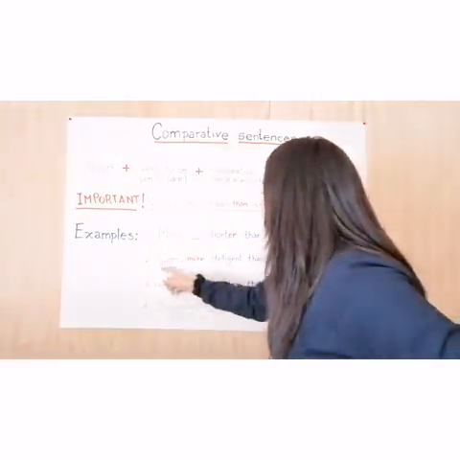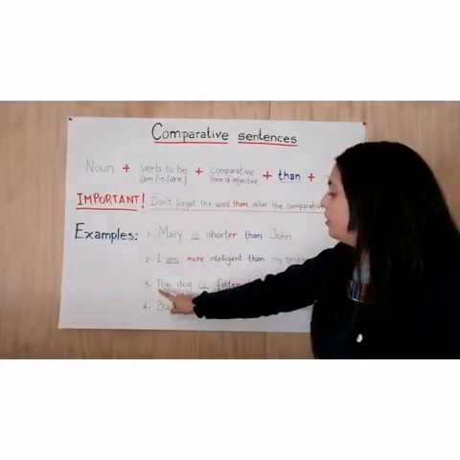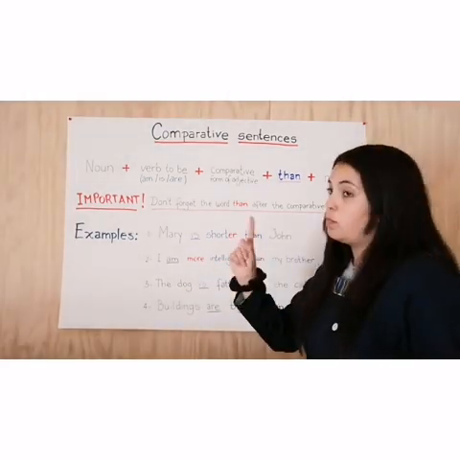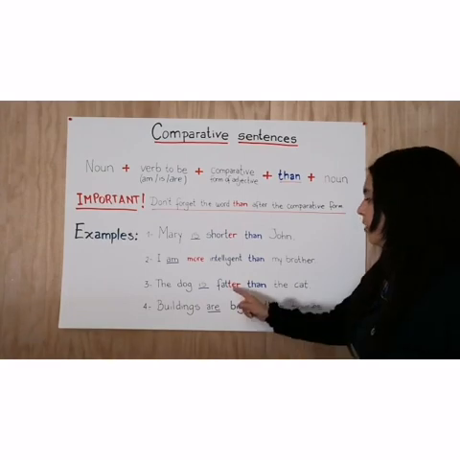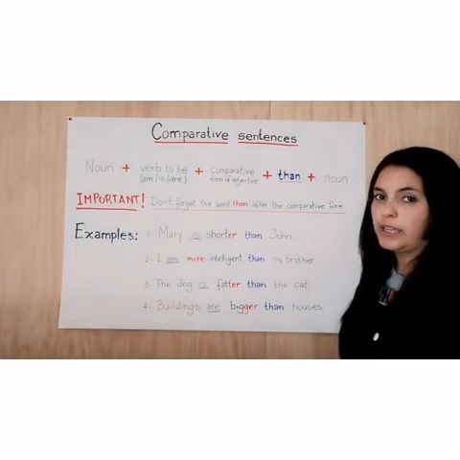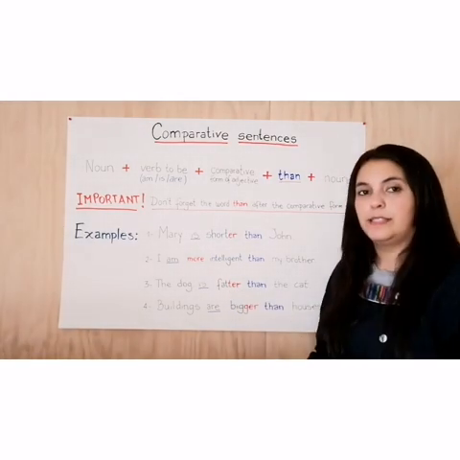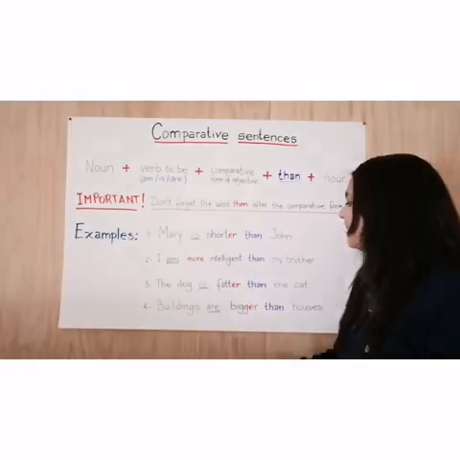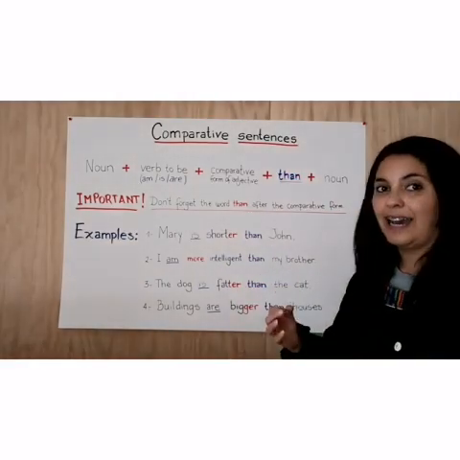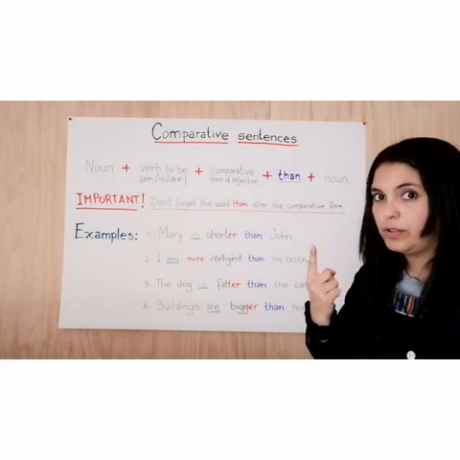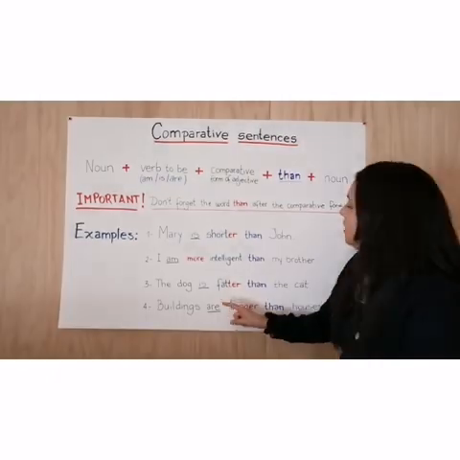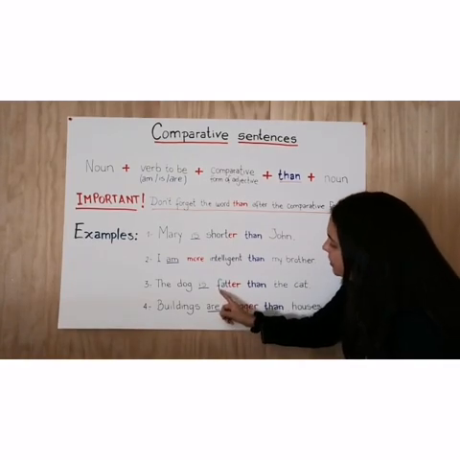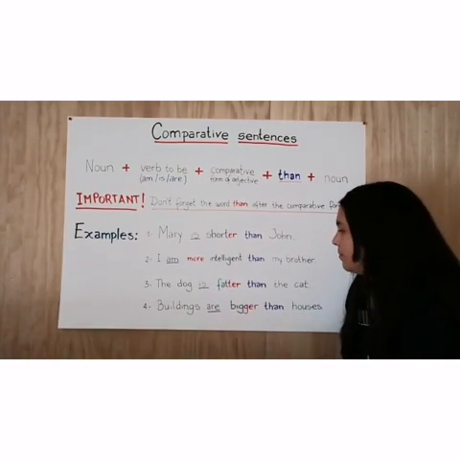Number 3. The dog, this is an animal. A noun, the dog, is one dog, so we use the word is. Fatter. The adjective was fat, and it has one syllable, and it also has the CVC.